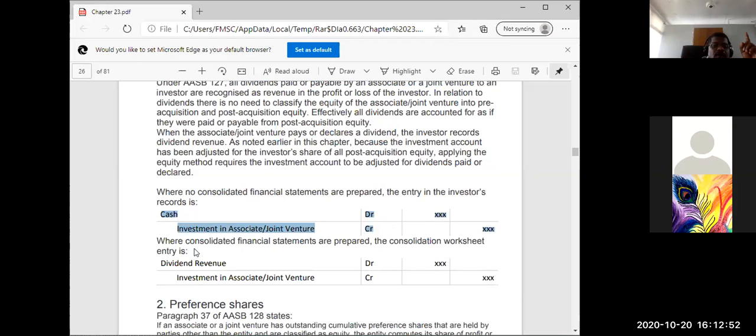But when you prepare consolidated financial statements, when you say consolidated, there is no such entity. When you think about no consolidated financial statements, it means you are preparing the financial statements for the investor. Investor is there.